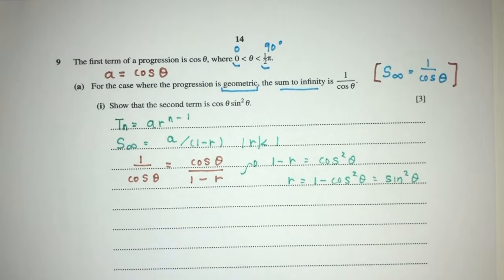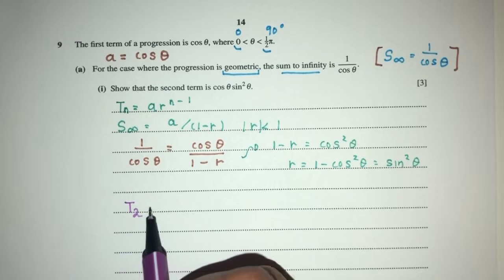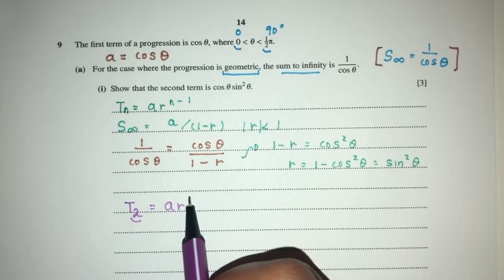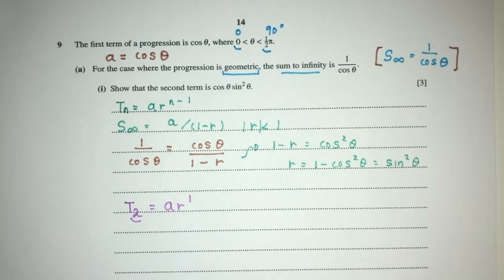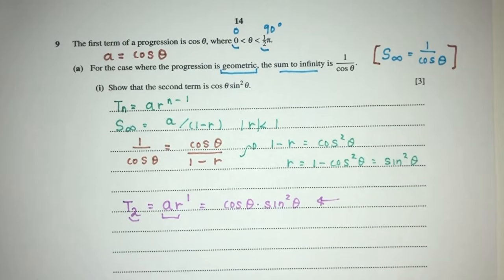Now, moving forward, we have to find the second term. When n is 2, it is a r to the n minus 1, so 2 minus 1 will be 1. a is given by cos theta, and r is given by sine square theta. So this is shown as required for part 1 of the question. Okay, that is good to go.